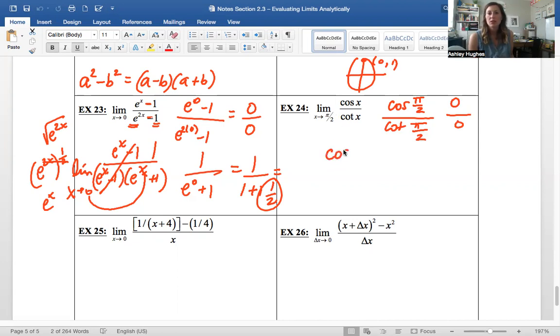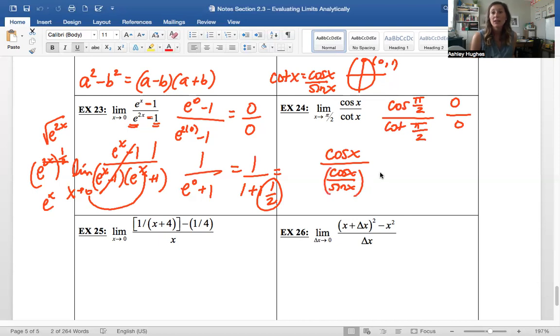So let's see what happens. Cosine, cotangent, you also can reference that here, trig organizer. Cotangent is cosine over sine. So let's write it as that. Cosine over sine.